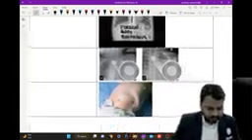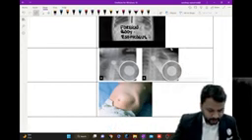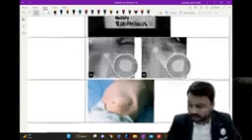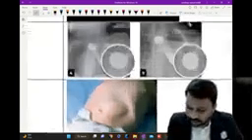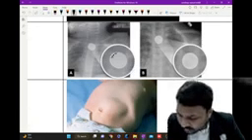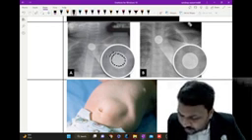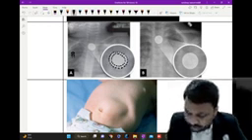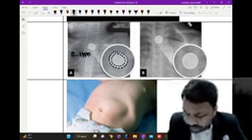Now, the battery will give you a double ring sign, the coin will give you a single ring sign. If you see very carefully here, you can notice it will have an inner ring and there is an outer ring. If there is a double ring appearance, this is a battery. We call it the button battery.